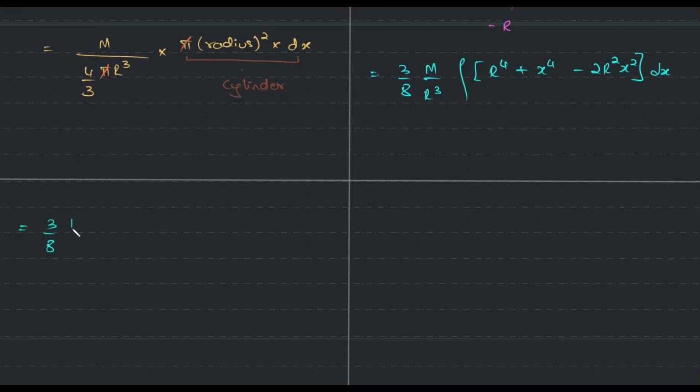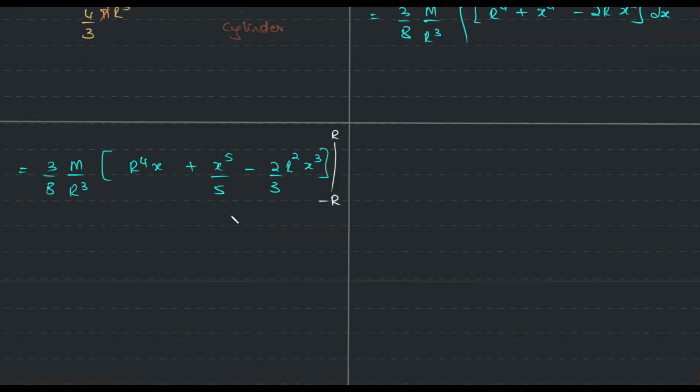And the integration of this, I'll just write it over here: 3 by 8 m by r cube, brackets open. Oh sorry, we are integrating with respect to x now: r to the power 4 x plus x to the power of 5 divided by 5 minus 2 by 3 r square x cube, and the limit will vary from minus r to r. So all these are odd functions, they will add up.